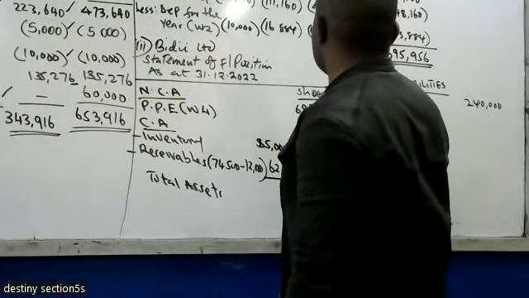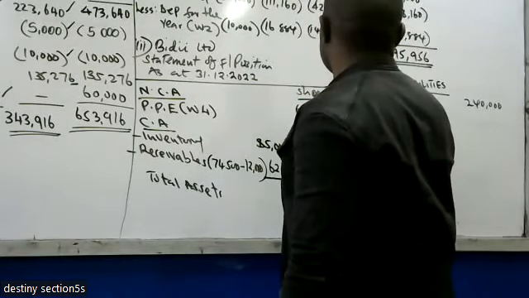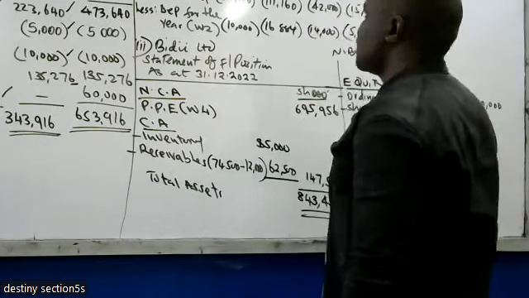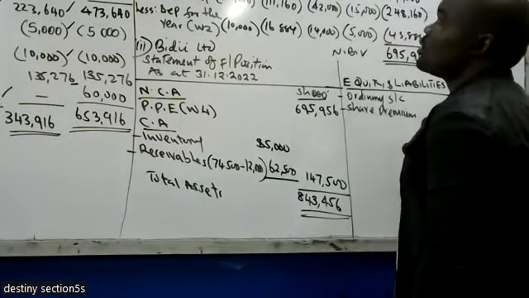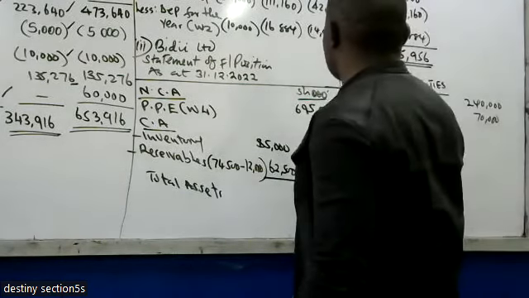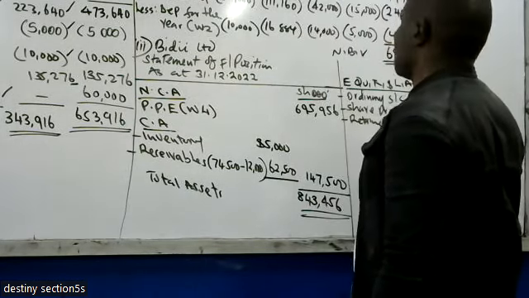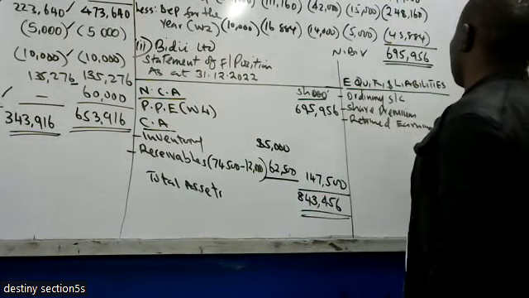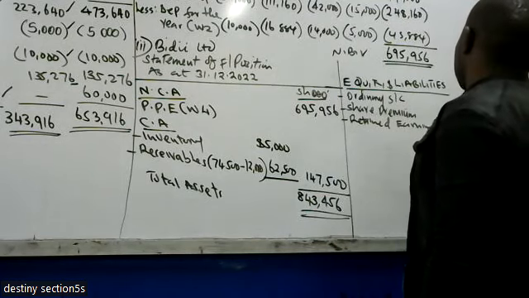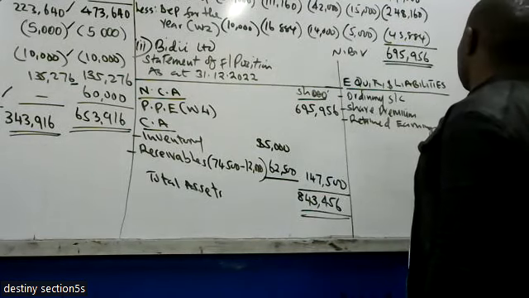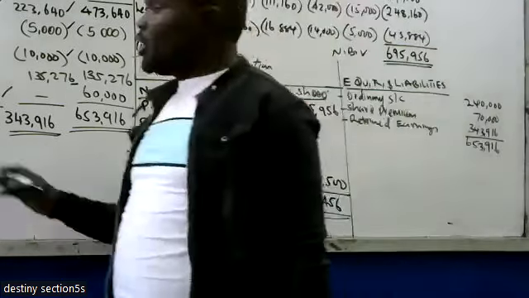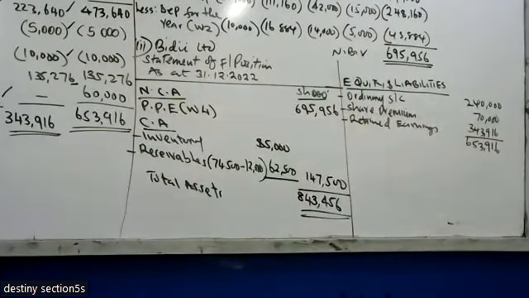Share premium, 70. Retained earnings, 343,916. Total 653,916. We already have them here, so I'm just picking from the statement of changes in equity.